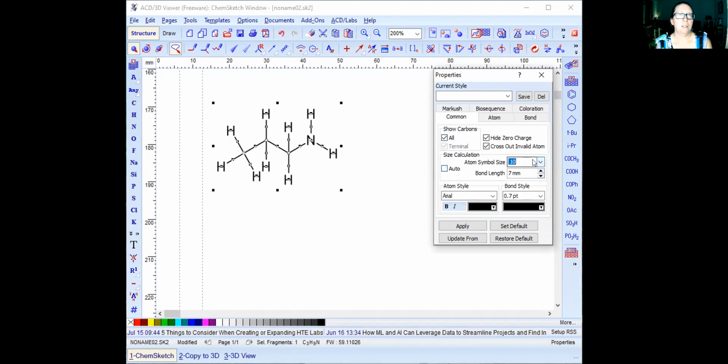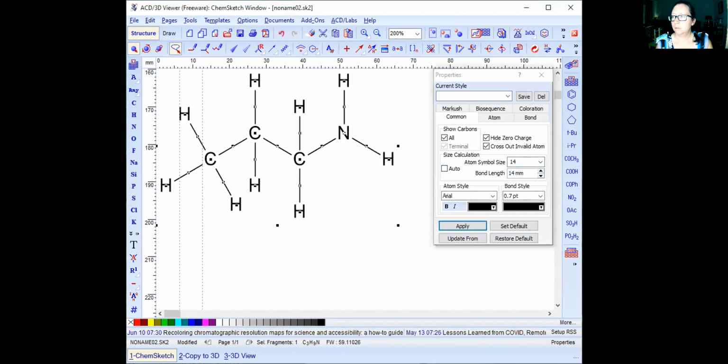Let's make all the atoms the same size and all the bonds the same length. So here we have a representation of propylamine.